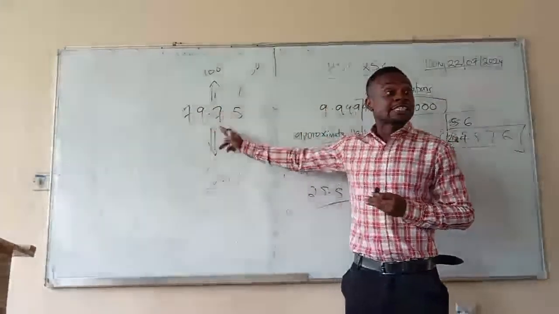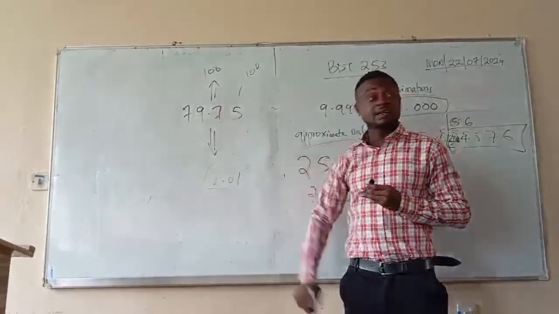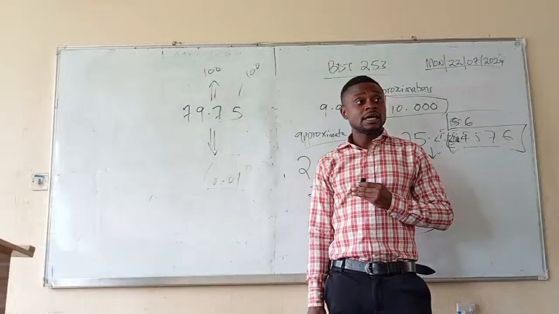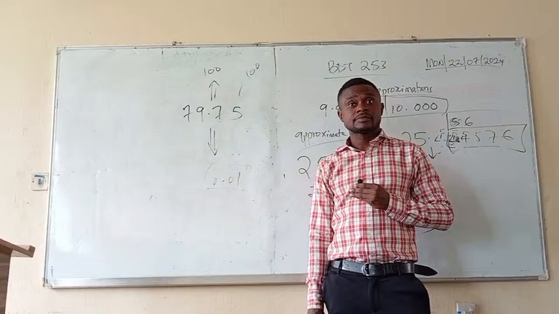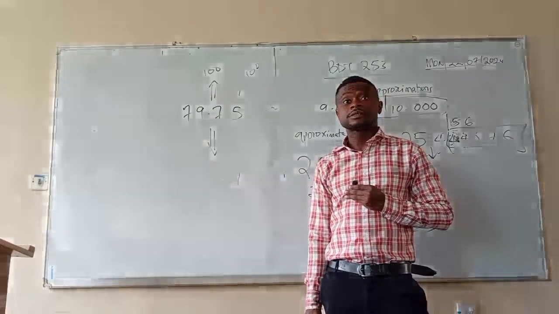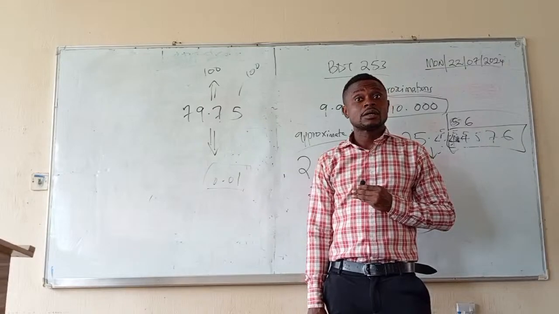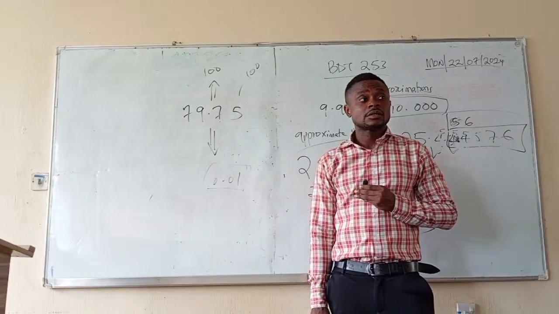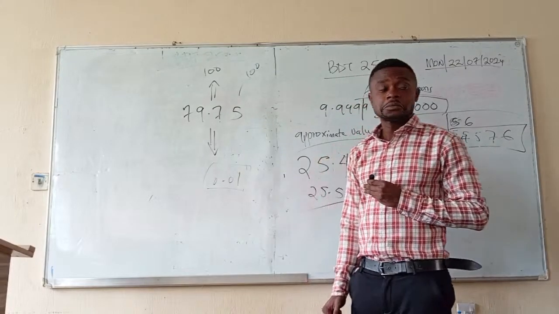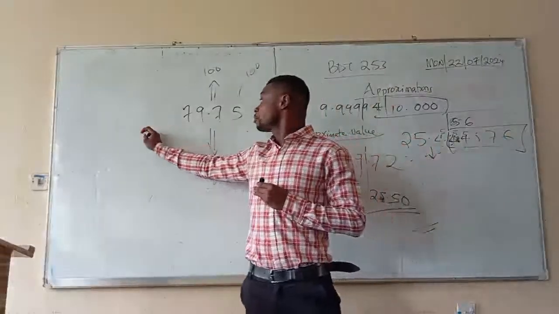This number, what is the place value of this number now? Is it what? So if it's 10, this one will come.